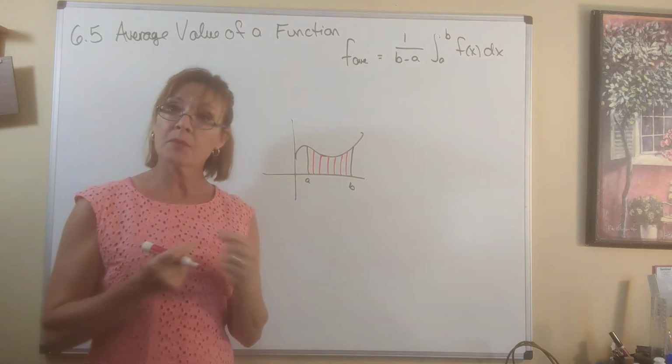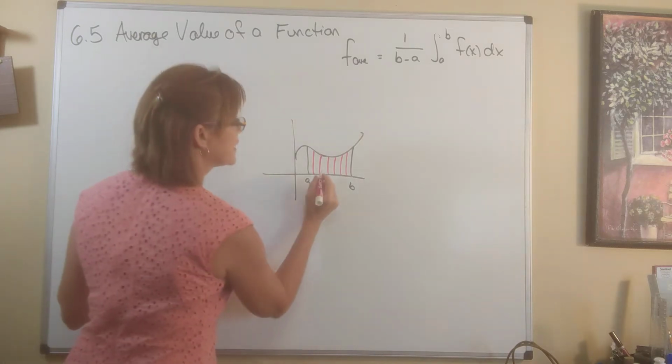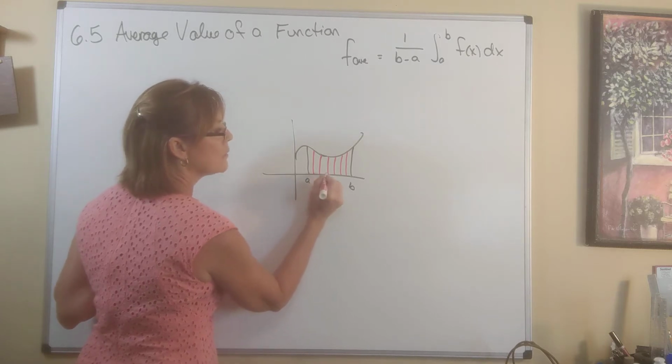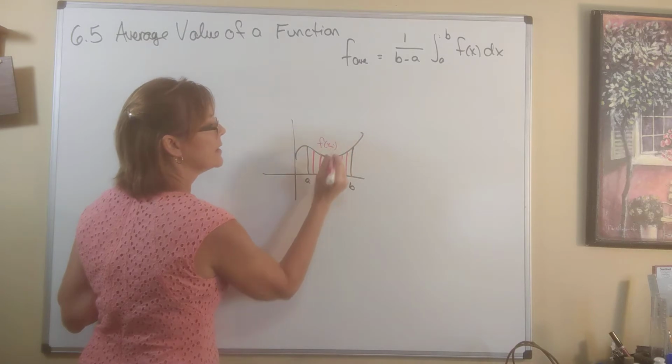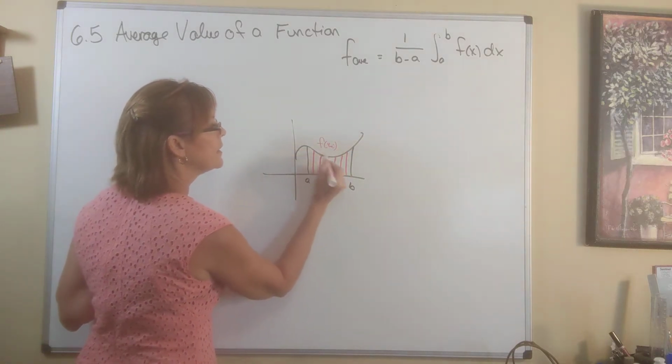We would take some sample in the middle of one of our subintervals. So we'll pick some value here, x sub i, and then we'll go up and say, what is f of x sub i? So this height. For each of these subintervals, we would find an x sub i.